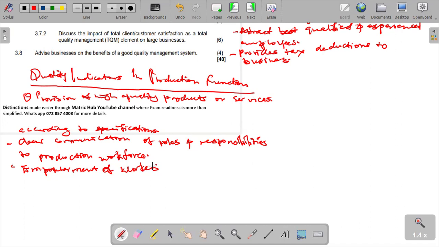We can also talk about products or services being produced at the lowest possible cost.